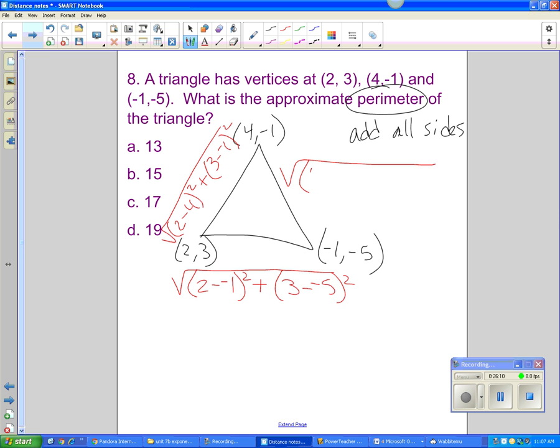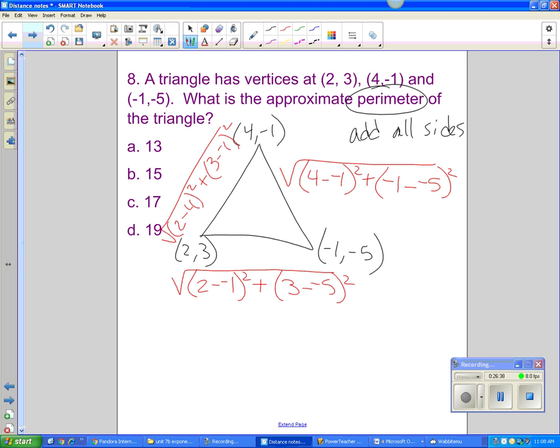Should be parentheses -1 times -1. What? Negative. Oh, that's why. 4 minus -1. So minus -5. There are minuses in here and a plus on the outside.